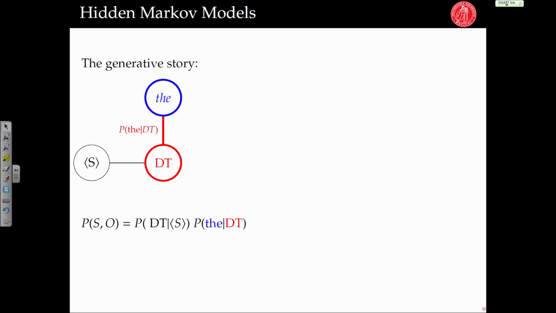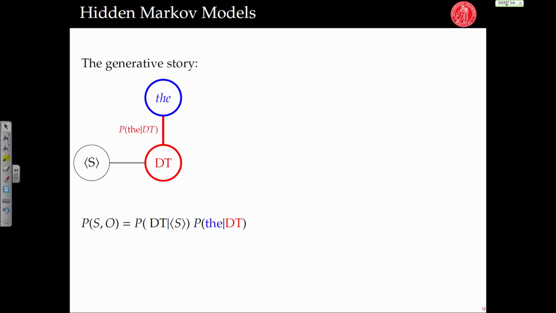But here comes the part that differentiates our hidden Markov model from the n-grams, which is these observations. This is an observation, and we say, assuming that the determiner DT was generated for us, what's the probability of seeing this observation given the determiner DT?